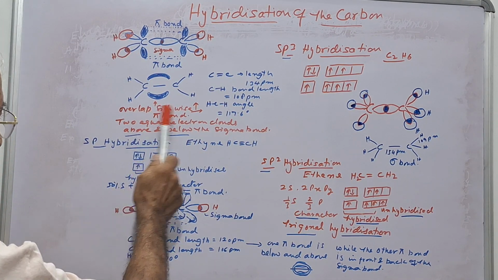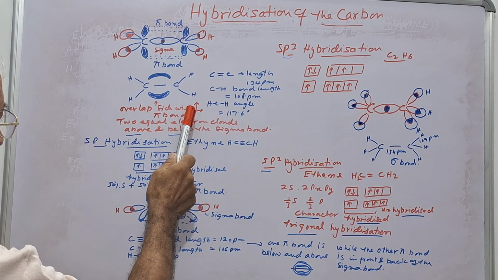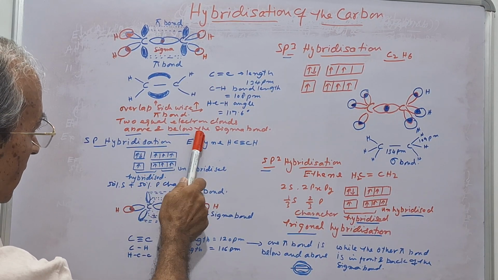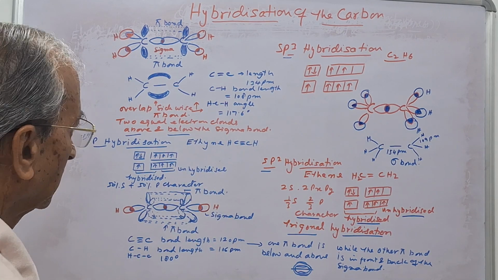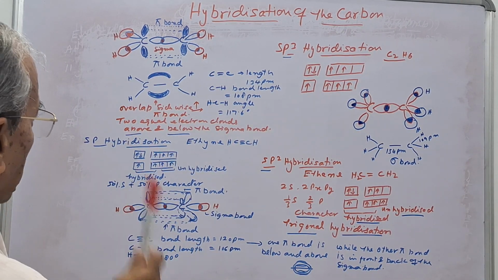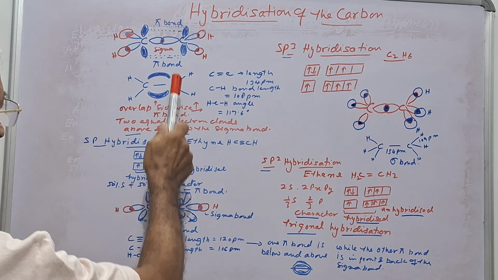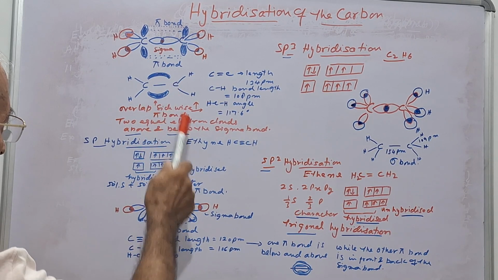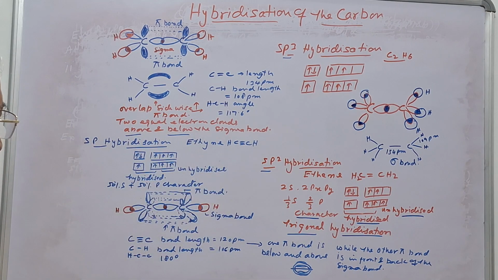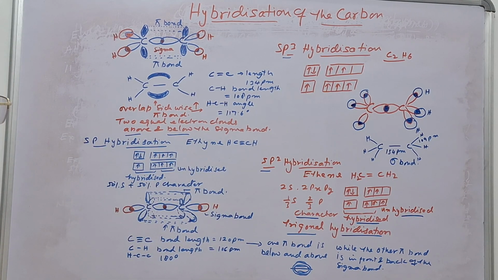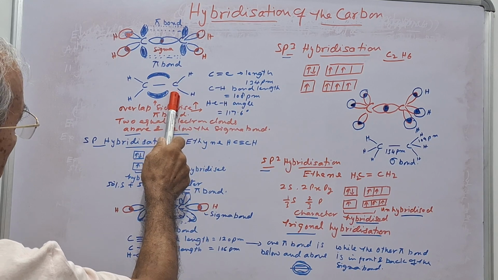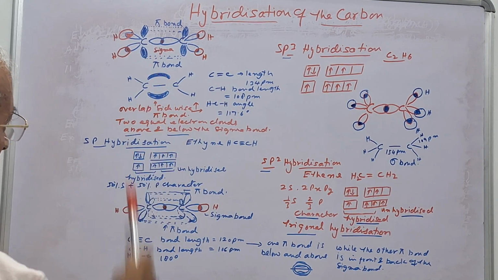So here, overlapping sidewise, the pi bond, two equal electron clouds form above and below, and the important thing is that the direction of this pi bond is always perpendicular to the axial or the sigma bond. Now here the double bond is formed by one sigma and one pi bond.